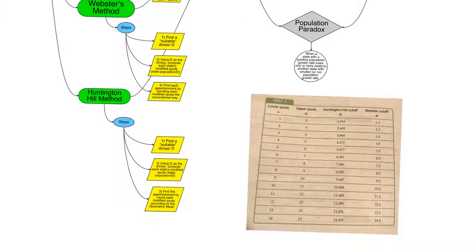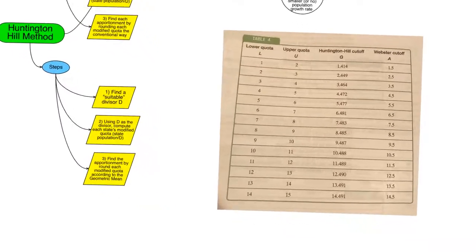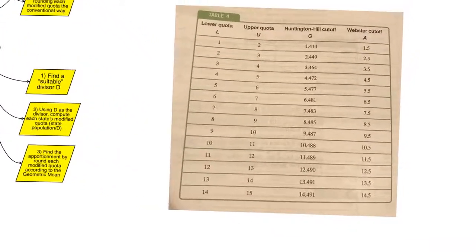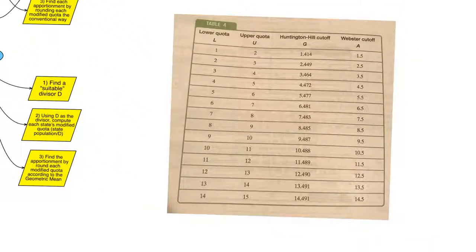So let's take a look at this chart. You'll notice we have, of course, the lower quotas here, the upper quotas in this column, and the Huntington-Hill cutoff, which, by the way, is the geometric mean. They're nice enough to also give us the Webster cutoff, which is just the arithmetic mean that you're so used to.